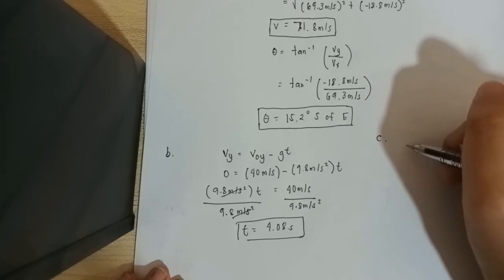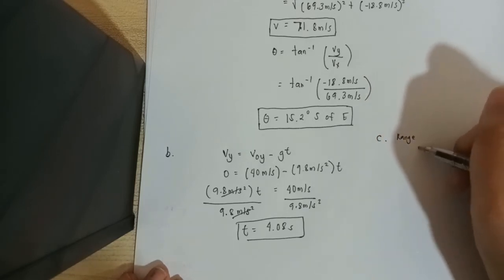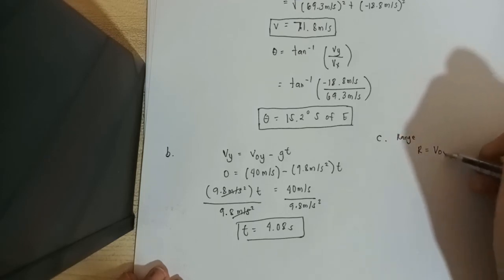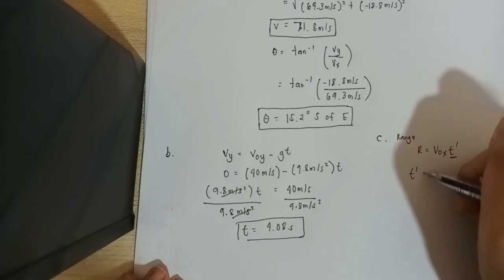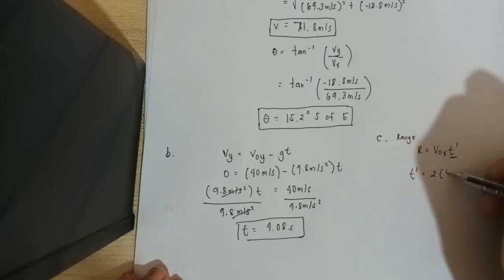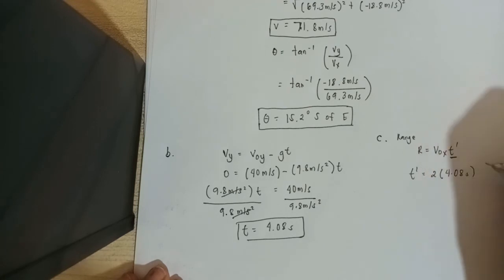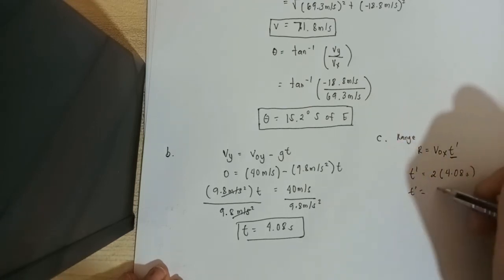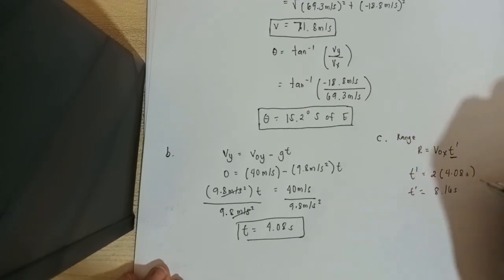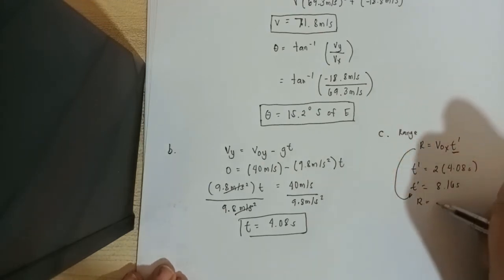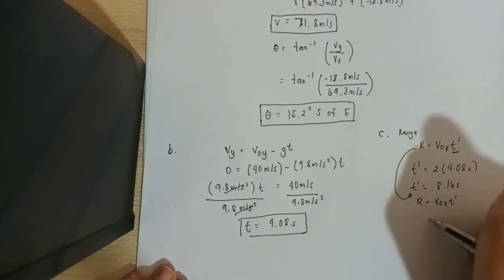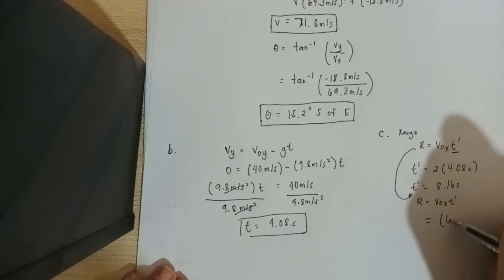For letter C, we are looking for the horizontal range. So our formula for range is equal to V0x multiplied by the t total. The t total would be 2 multiplied by the time. That will be 4.08, so 8.16 seconds the total time. So we can now proceed in solving the range with V sub 0x multiplied by the t total.